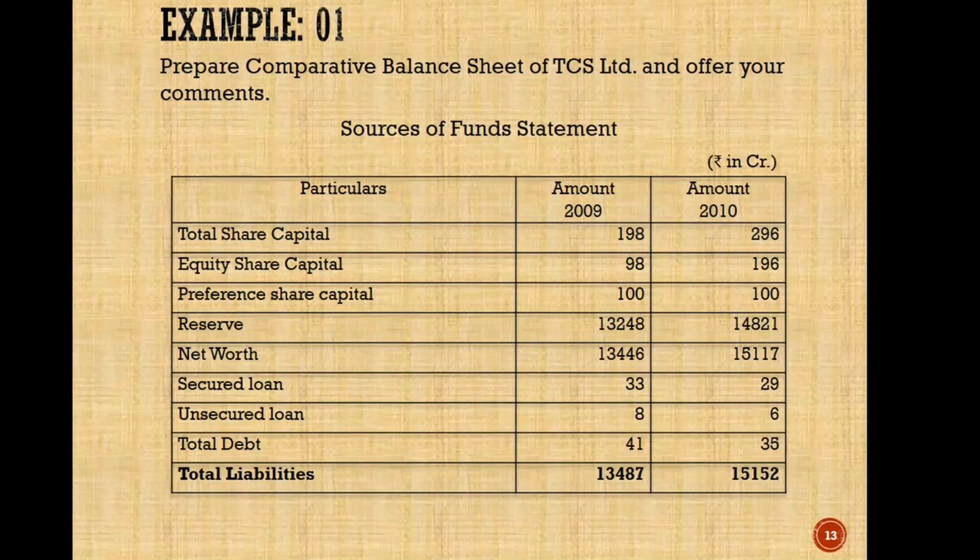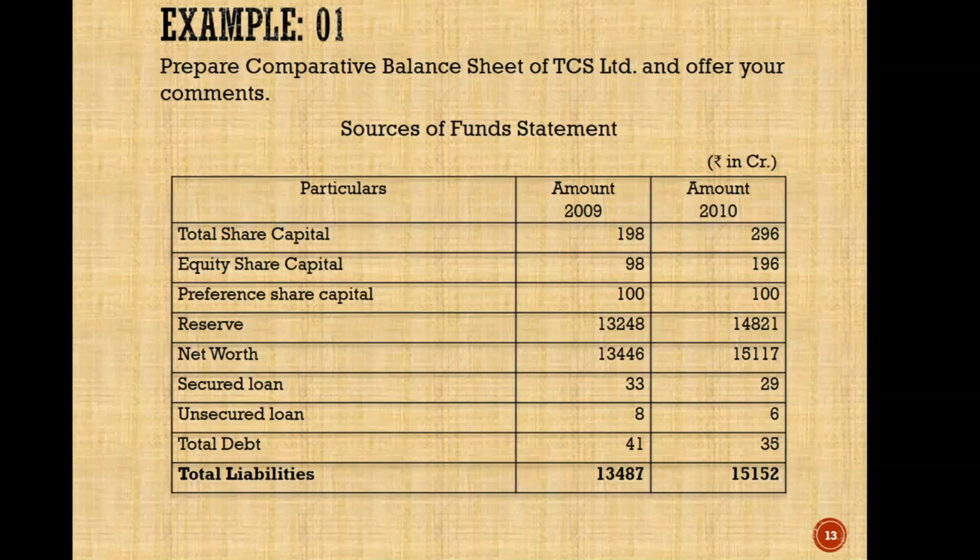Total debt is the addition of secured and unsecured loan. So here total debt shows 41 in the year 2009 and in the year 2010 it is 35. And thus the total liability figure is 13,487 in the year 2009 and in 2010 it is 15,152.